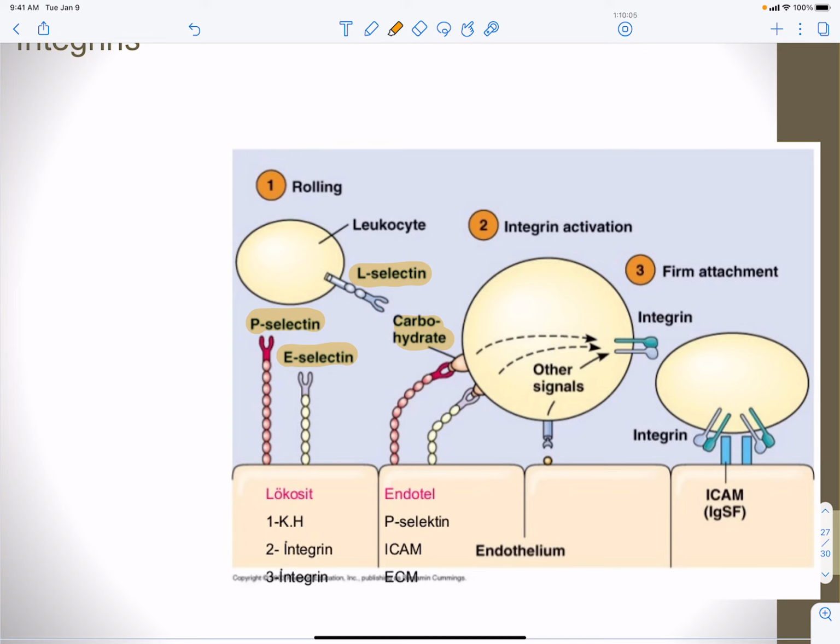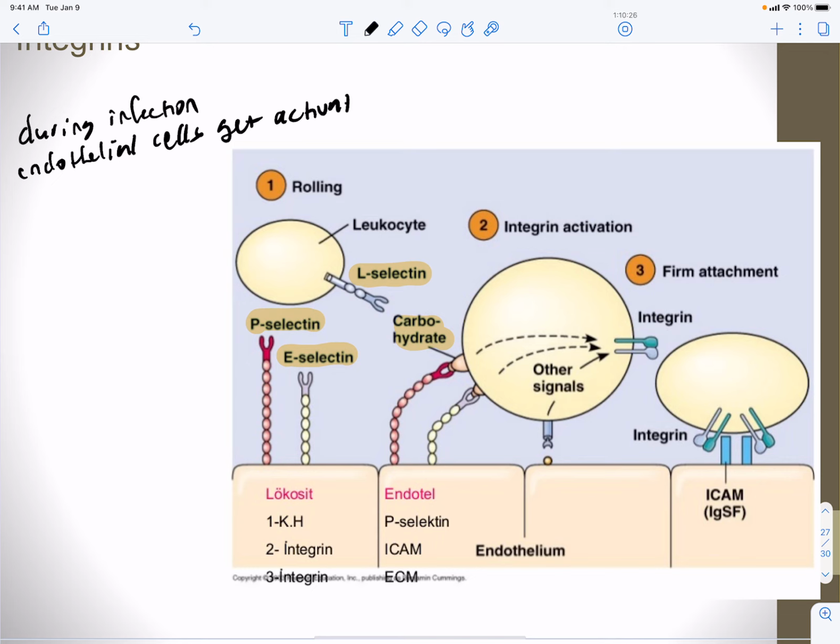So the activation of integrins are going to enable the migration of your white blood cells. So during an infection, your endothelial cells get activated. We'll talk about this more in immunology. And then they're going to increase integrin expression. And so that's that P-selectin, E-selectin.